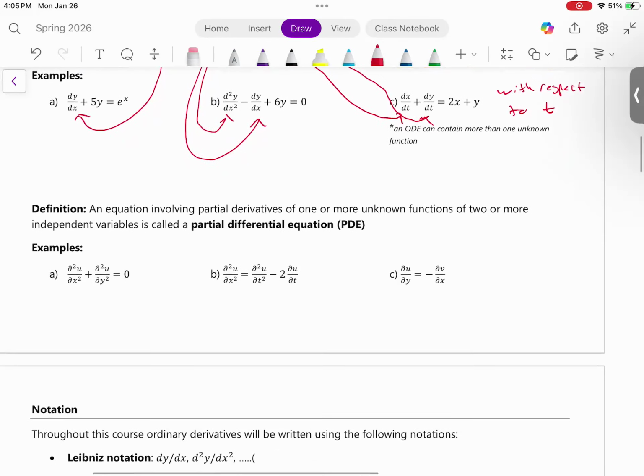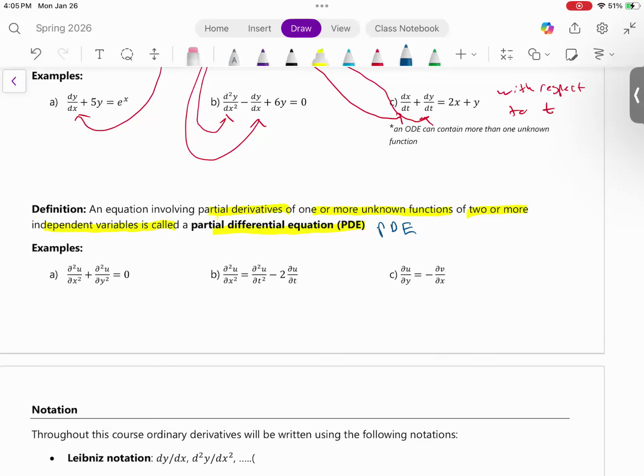Let's go ahead and define what a partial differential equation is. So an equation involving partial derivatives with one or more unknown functions of two or more independent variables is called a partial differential equation, also known as a PDE.